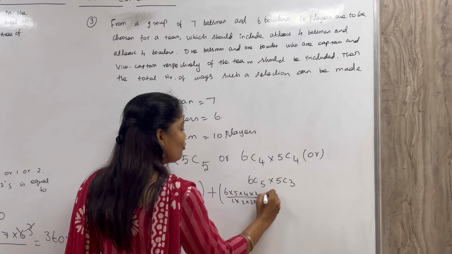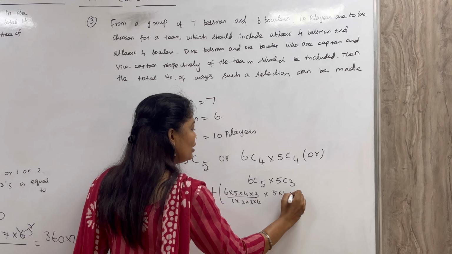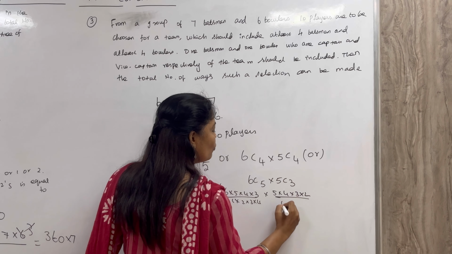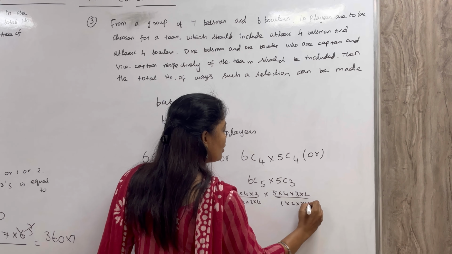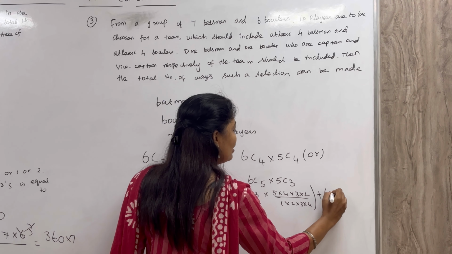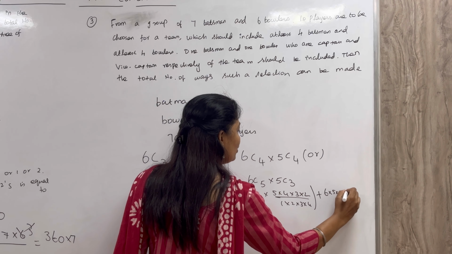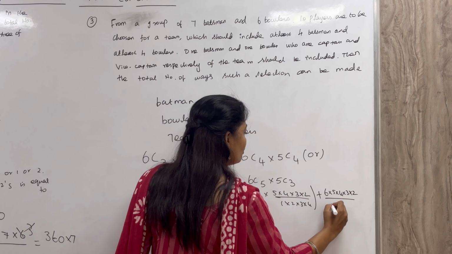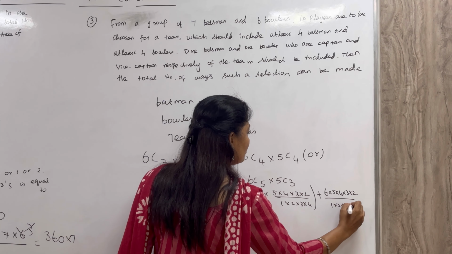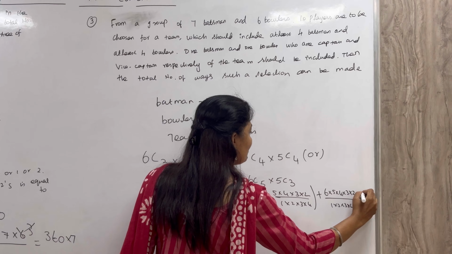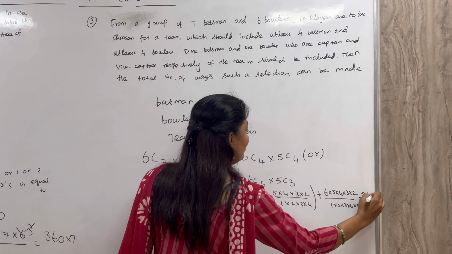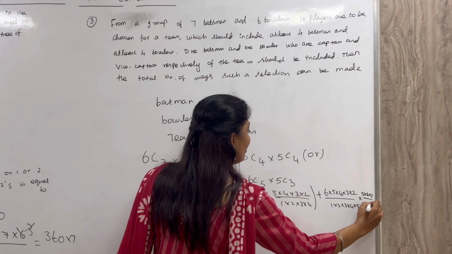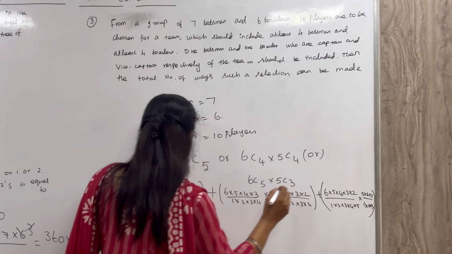I am using the same formula. 5C4, 5 4 3 2 by 1, 2, 3, 4. Or another possibility 6C5, 6 5 4 3 2 by 1, 2, 3, 4, 5, into 5C3, 5 4 3 by 1, 2, 3. You have to calculate all the values and add.